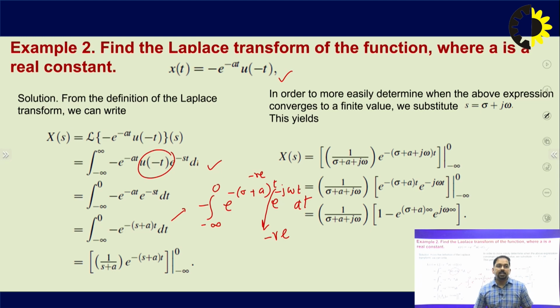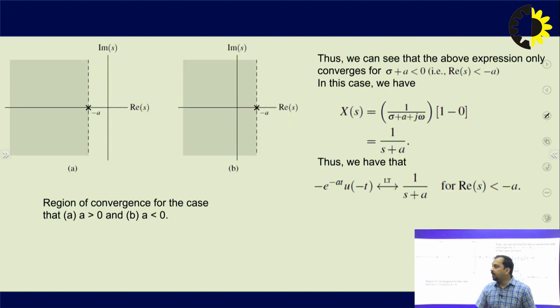So that means we can say that if sigma plus a is less than 0, which is real part of s less than minus a, then the Laplace transform X(s) converges, and once the Laplace transform converges, we are able to calculate the transform. So X(s) equal to 1 by s plus a.